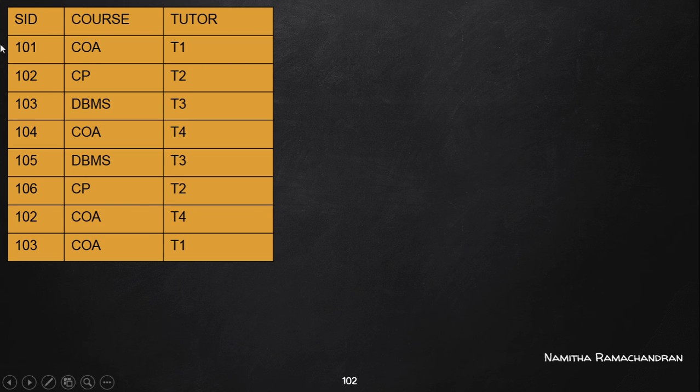The student with ID 101 has joined the course COA, and that subject is handled by the tutor with ID T1. Another student, 102, joined CP, the C programming course, handled by tutor T2. Student 102 also joined the COA course, but it is handled by another tutor, T4. For 101, the COA course is handled by tutor T1.